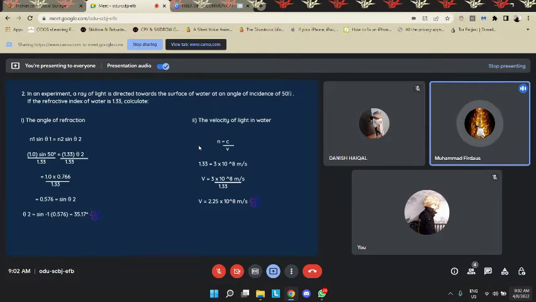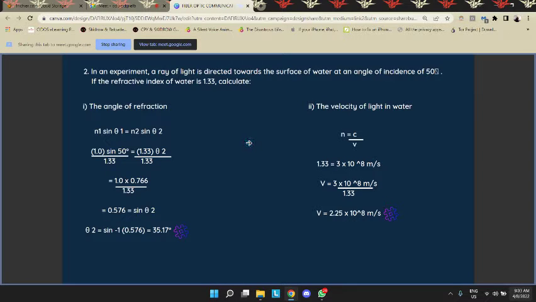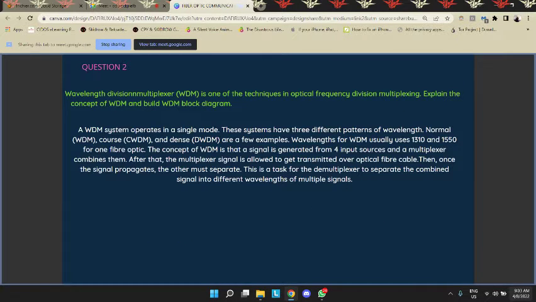So v equals 3 multiplied by 10 power 8 over 1.33. So the answer for v is 2.25 multiplied by 10 power 8 meters per second. So the next question I will pass to Muklis to continue.